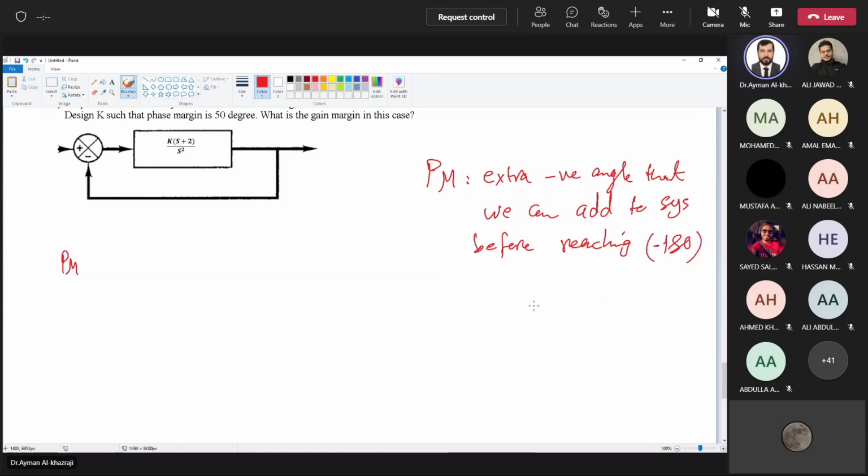Do you agree with this definition? So it means that the angle of G, if the phase margin is 50, is minus 130. Do you agree?